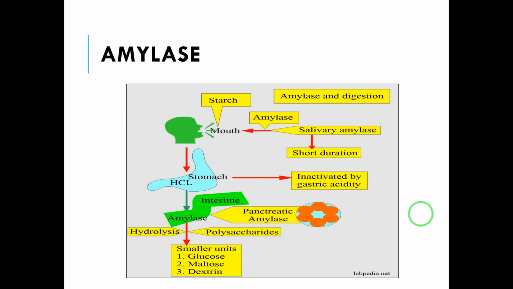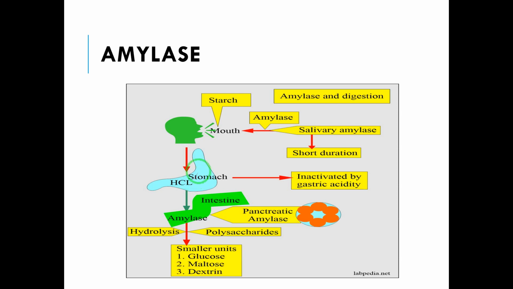This means that carbohydrate metabolism is started by the salivary amylase, or S amylase, in the mouth from the salivary gland. This process starts in the mouth and continues in the esophagus, but the action of the salivary amylase is terminated in the stomach by the high HCl concentration.